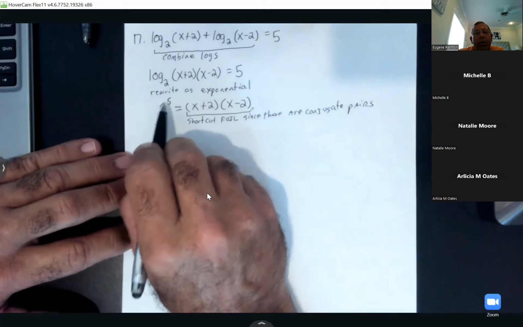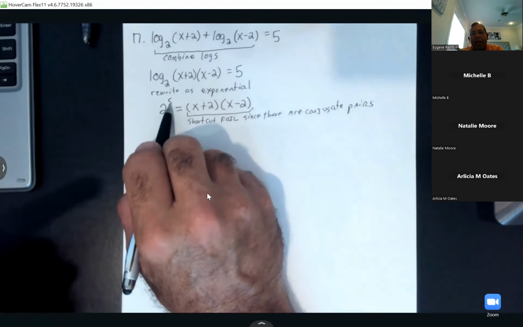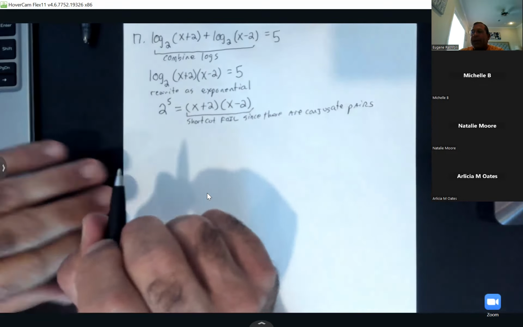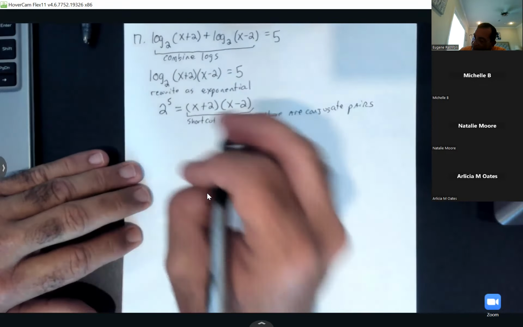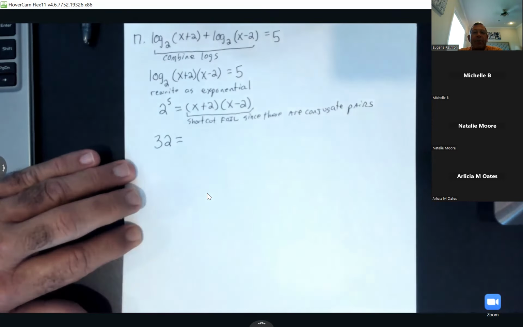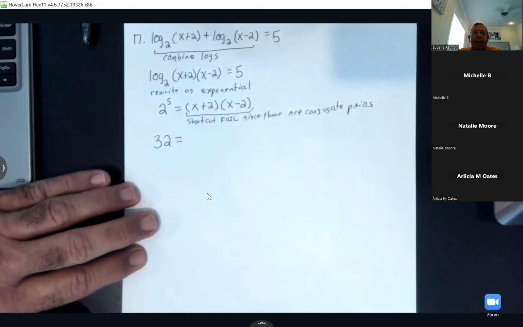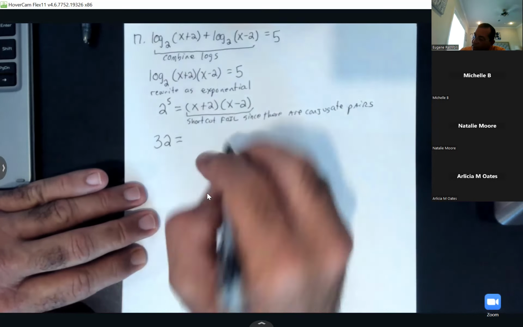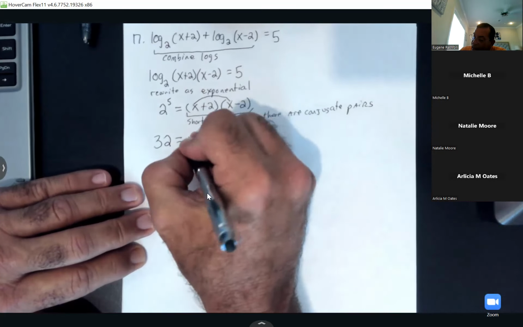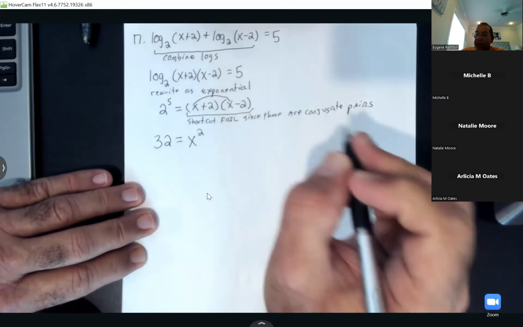So first of all, what is 2 to the 5th power? 2 times 2 times 2 times 2 times 2. If you multiply 2 5 times, you're going to get 32. Now remember, the shortcut FOIL, you're going to go x times x, which is x squared.